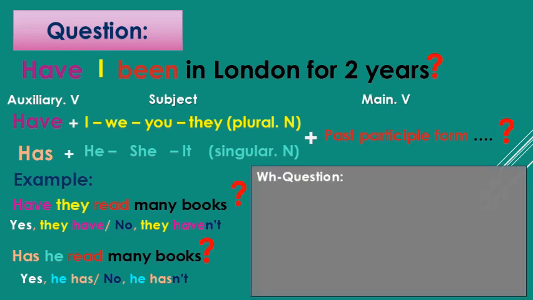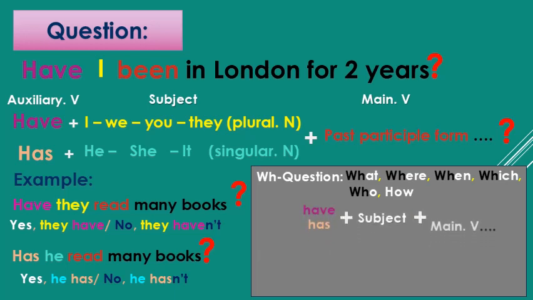Now let's move to the WH question. So here we're using what, where, when, which, and who or how. So here we have the same form, نفس الشكل, have or has plus subject plus main verb and the question form.